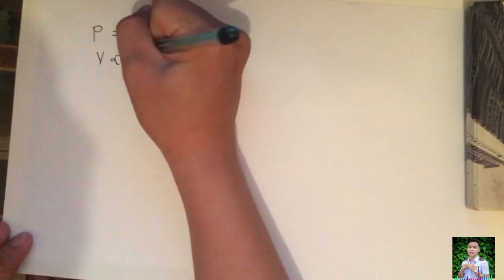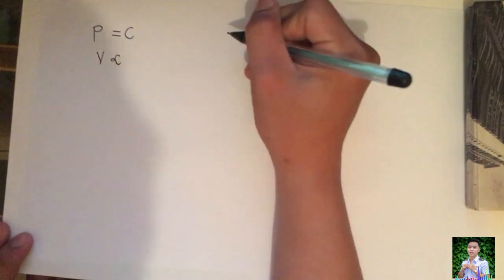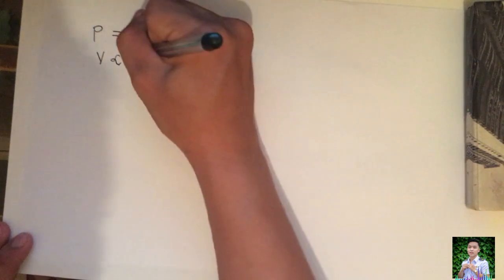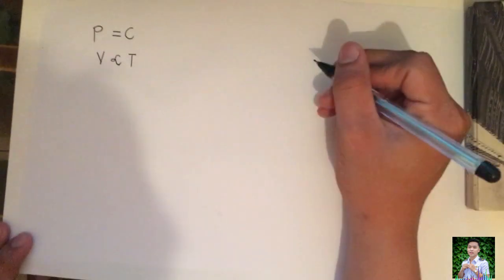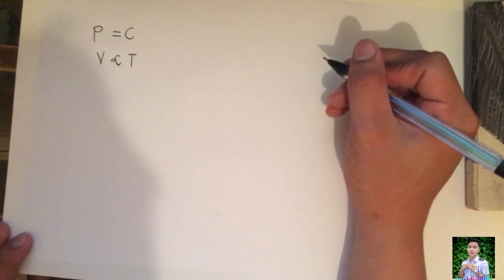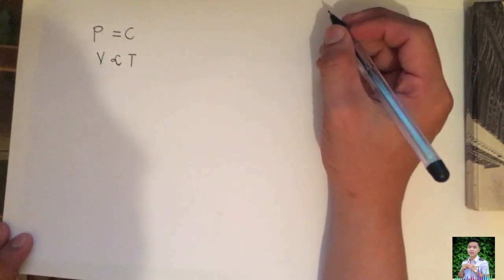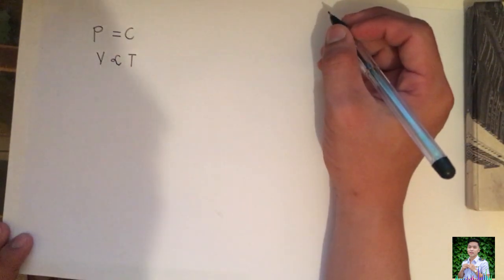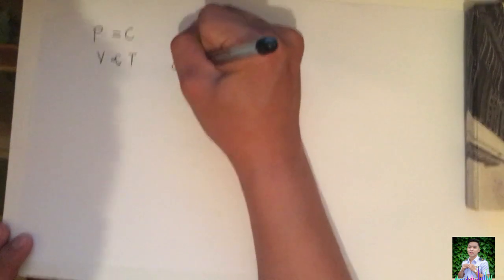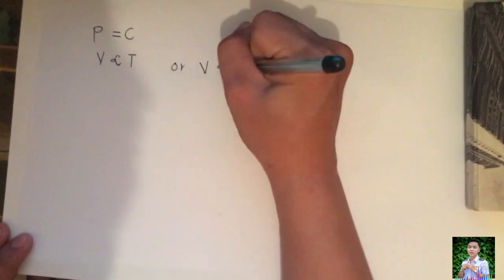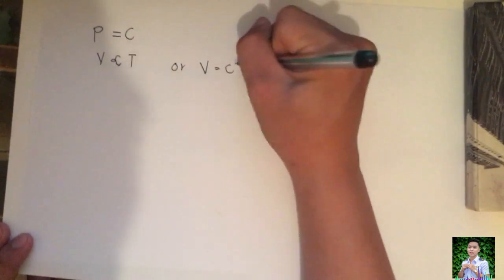So we put V is proportional to the absolute temperature. So now we can use volume is equal to C times temperature, which is V is equal to CT.